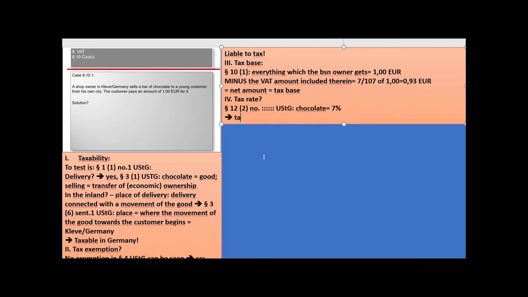So the tax is 7% on, exactly, that would be 6.5 cents.